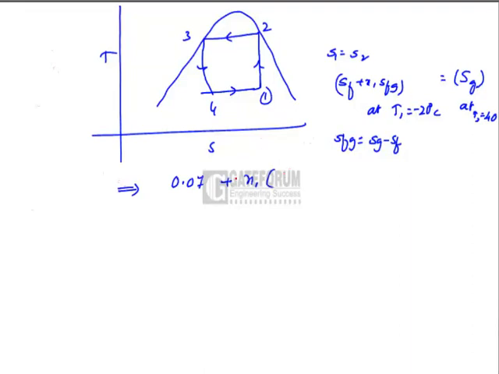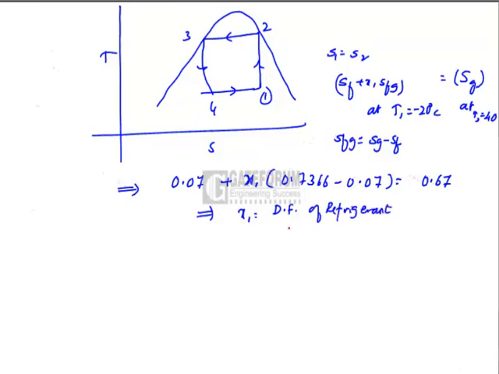SG is given as 0.7366 minus 0.07, that is SFG, that is equal to SG at 40 degrees centigrade, is 0.67, from which the dryness fraction of refrigerant at inlet to compressor can be calculated.